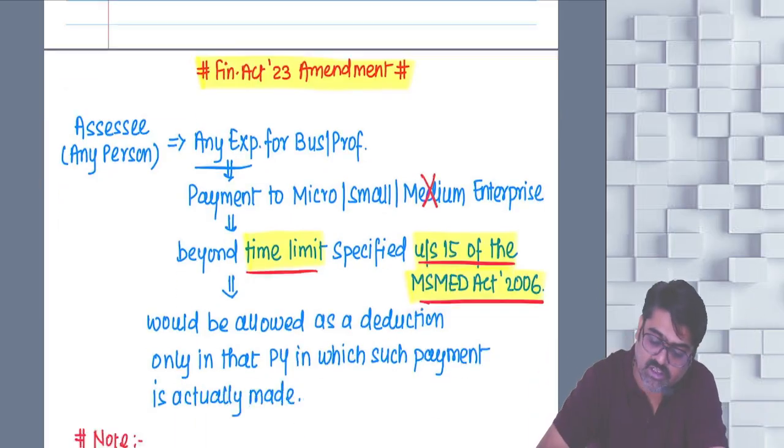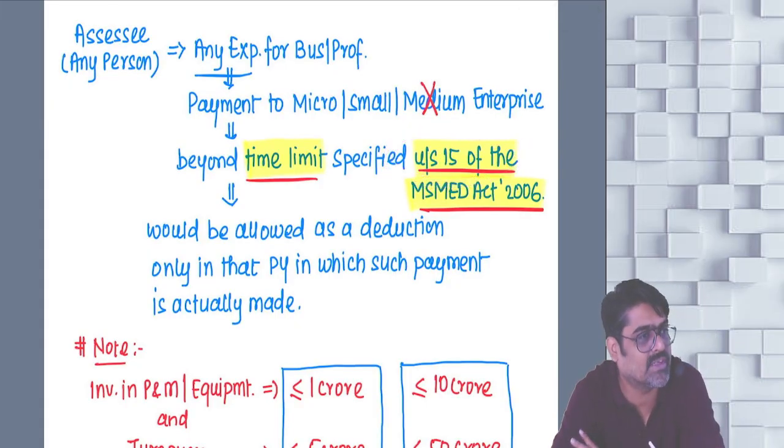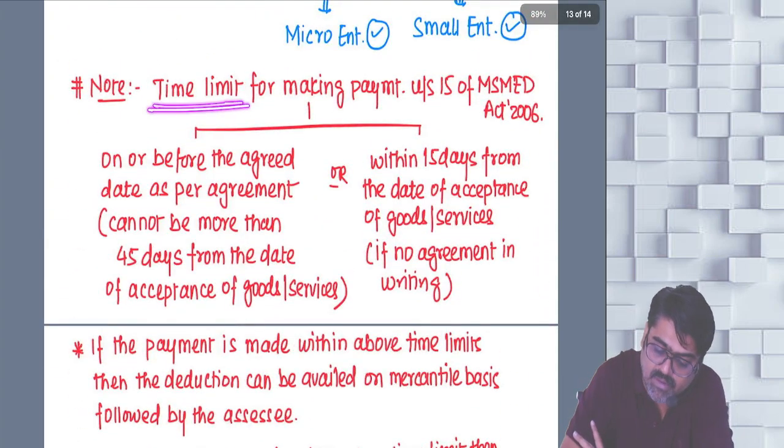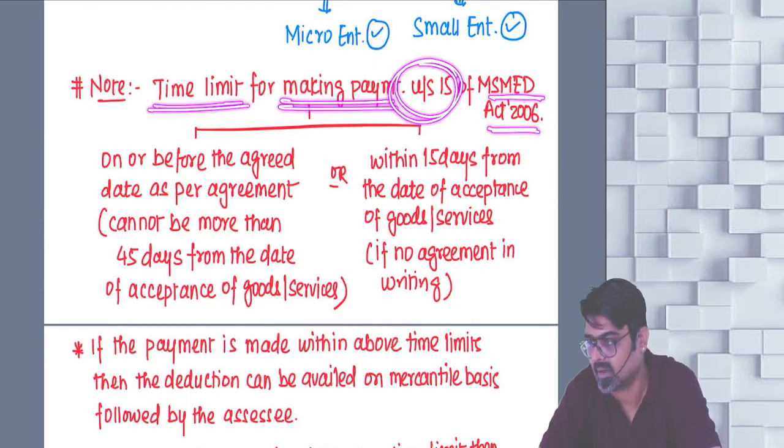Now what is the due date specified in MSME Act? Given in section number 15. So see, due date is time limit for making the payment as per section 15 of MSME Act.